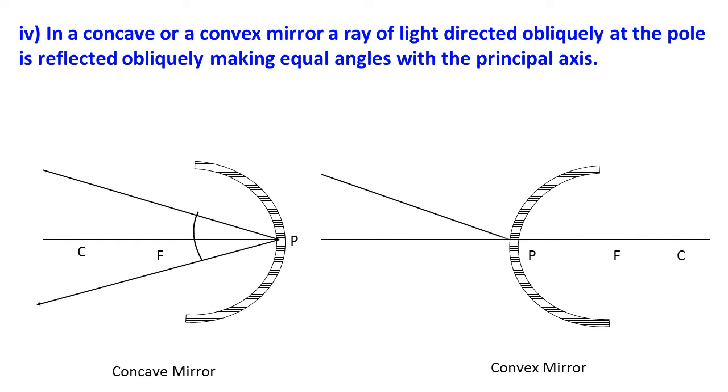Here, the incident light ray is passing through the pole in both concave mirror and convex mirror, and according to the laws of reflection, the reflected light ray will move in the opposite direction, having angle of incidence and angle of reflection the same.